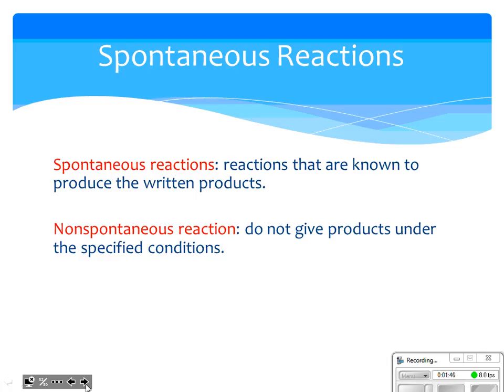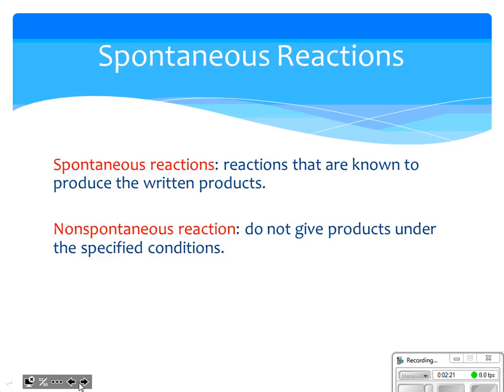Remember, certain things require certain situations. For instance, I always go back to the magnesium ribbon that we put into the crucible. If we do not heat that crucible, will that magnesium ever react? No, it will not. So, if I would have the equation magnesium plus oxygen yields magnesium oxide, if I did not include that heat, that reaction wouldn't proceed.